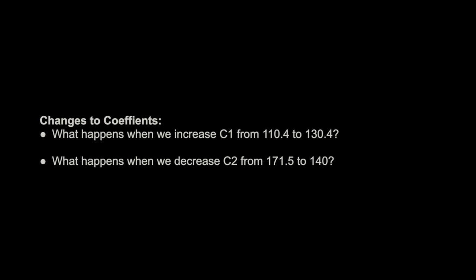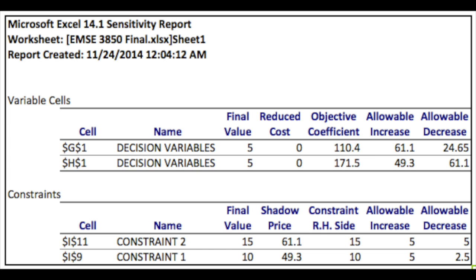Similarly, let's make some changes to our coefficients. Let's increase C1 from 110.4 to 130.4 and decrease our C2 from 171.5 to 140. Looking back at our sensitivity table, for this problem we will need the allowable increase and decrease values for our coefficients.